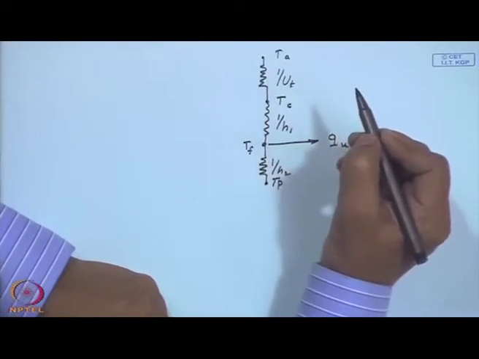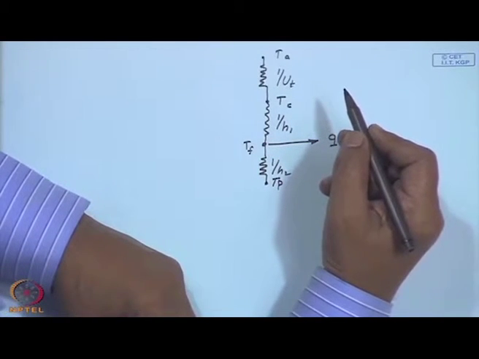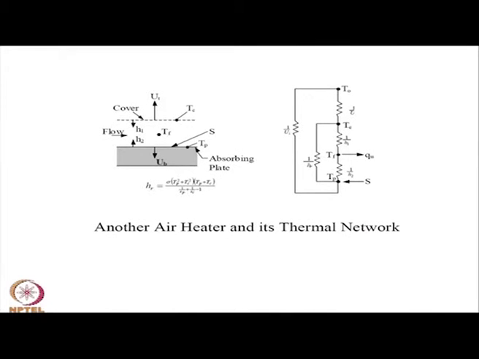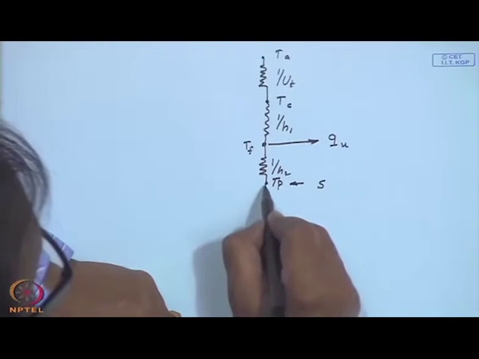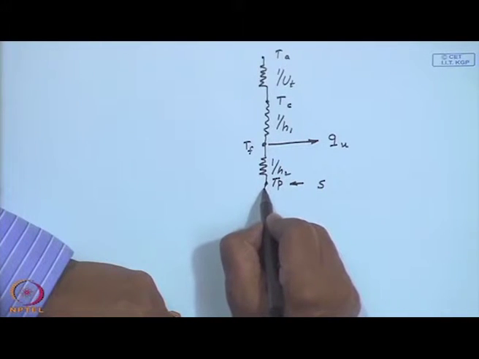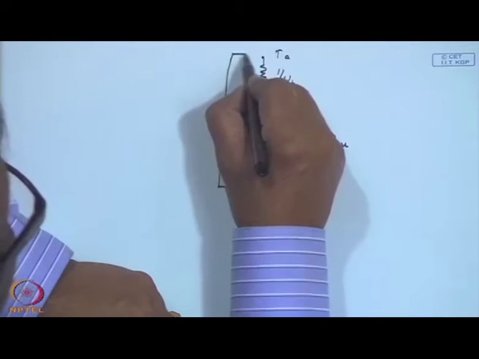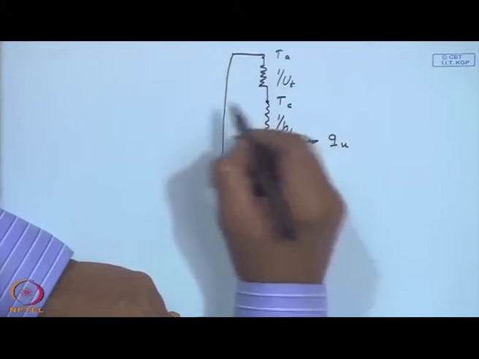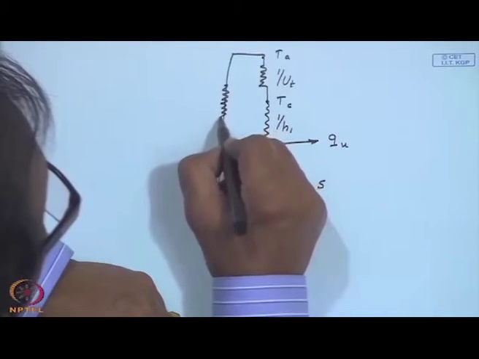Of course, you have got S, the absorbed energy, over here. The loss is from here to here, with a resistance of 1 upon Ut.